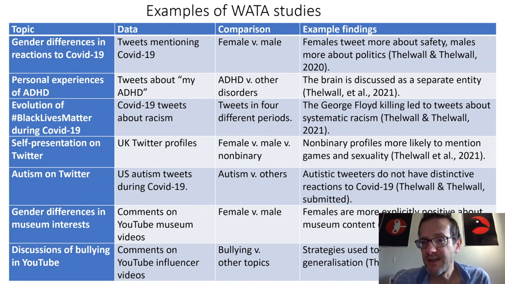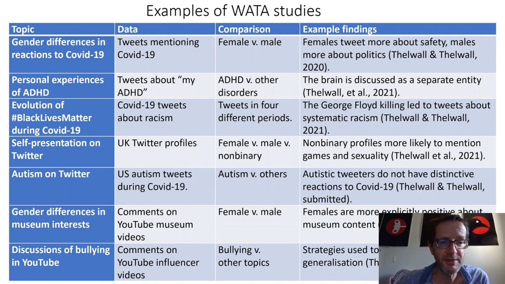Essentially, the study found the answer, no, not really. There weren't distinctive reactions from people with autism to COVID-19. There were worries at the time that COVID-19 might pose particular problems to autistic people, but we didn't find that evidenced on Twitter. It might still happen, but we didn't find any evidence of it on Twitter through the WATA method.